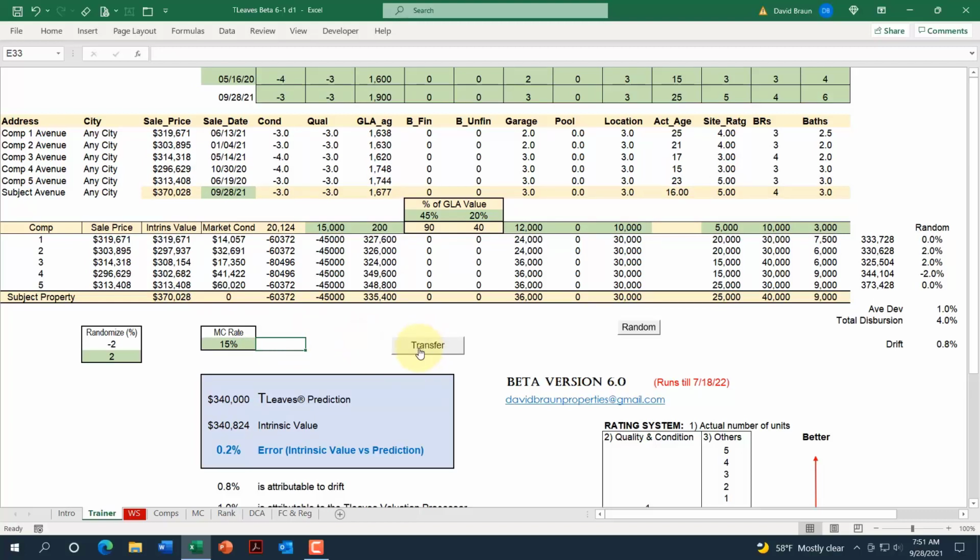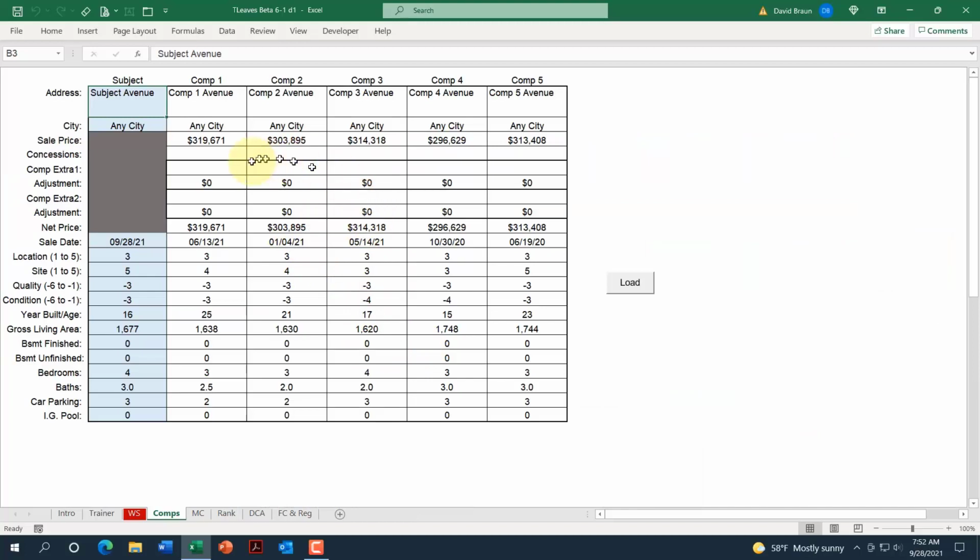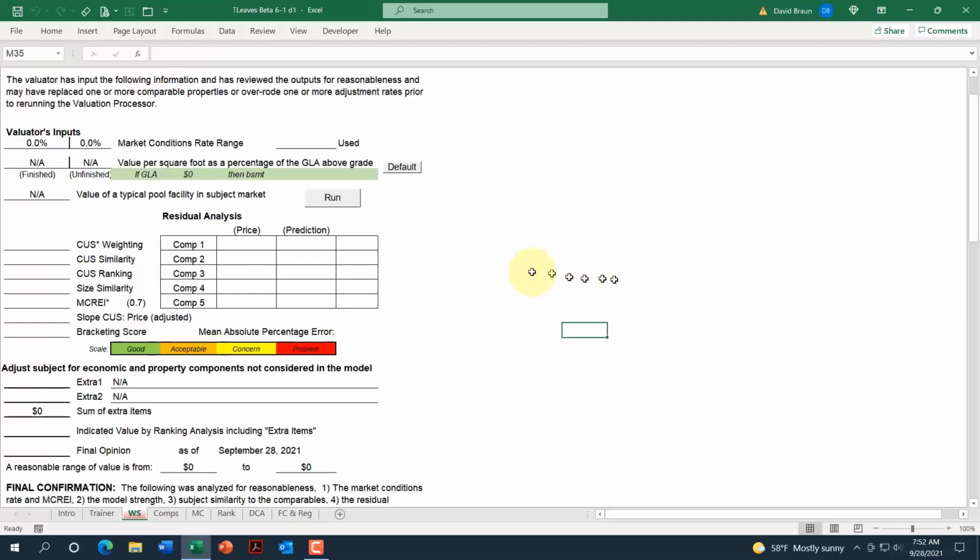But let's get started. So once we have some information in here the way we want it, we hit transfer, and it's loaded now onto the sheet that we would start with, where we normally start with real data. And then we would send that into the processor, and we're going to ask the processor to help us extract the market condition rate. It's going to know that because we're going to put in some different rates. We think it's around 15%.